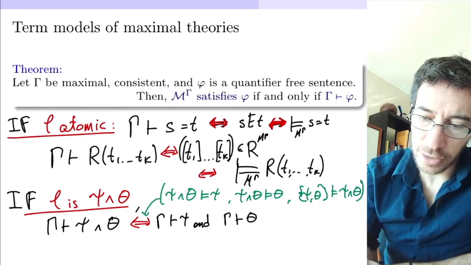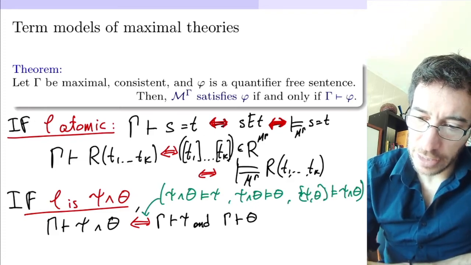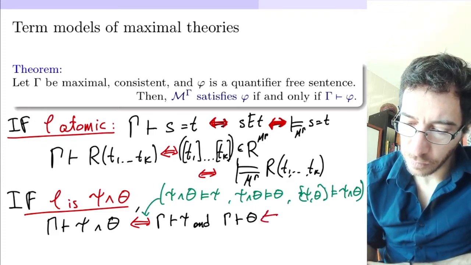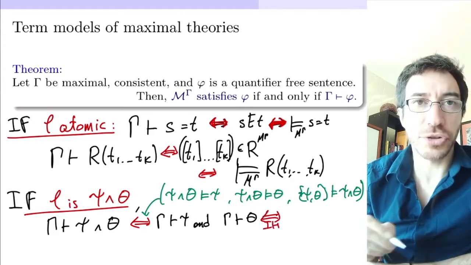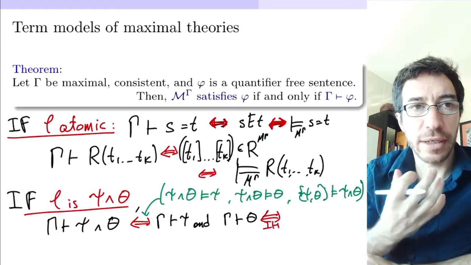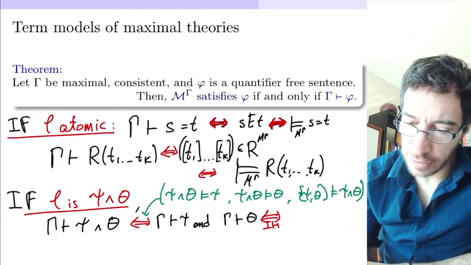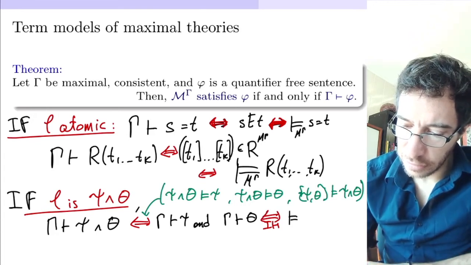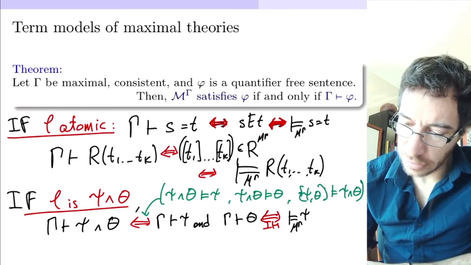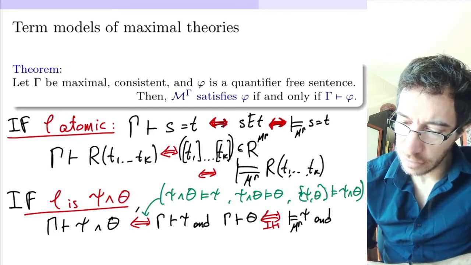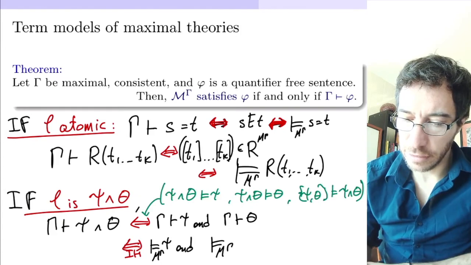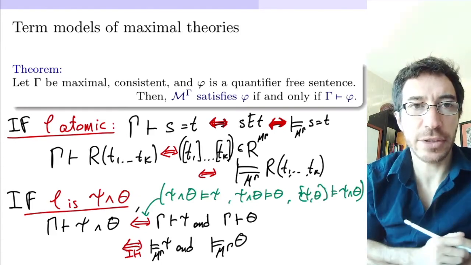And now we can use the induction hypothesis, because psi and theta are smaller than phi, and we get that this is the same thing as having that M gamma satisfies psi and M gamma satisfies theta, right? That's the induction hypothesis.